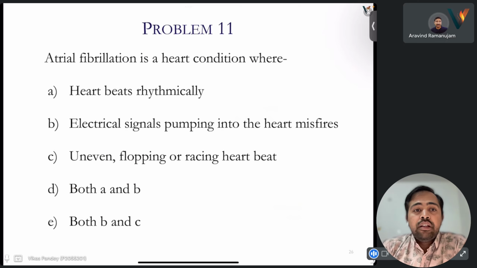Okay. Atrial fibrillation is a heart condition where the heart beats irregularly, electrical signals pumping into the heart misfire, uneven flopping or racing heartbeat. Options: both A and B, both B and C, or one of them.